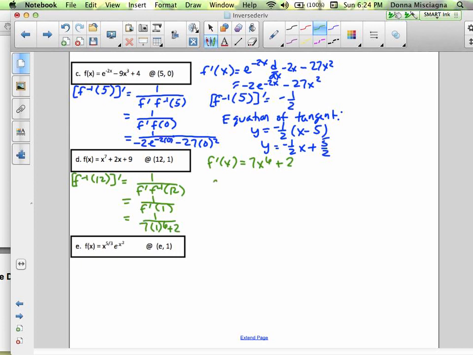So the derivative of f inverse at x equals 12 is equal to 1/9. All right, now we can write the equation of the tangent line.